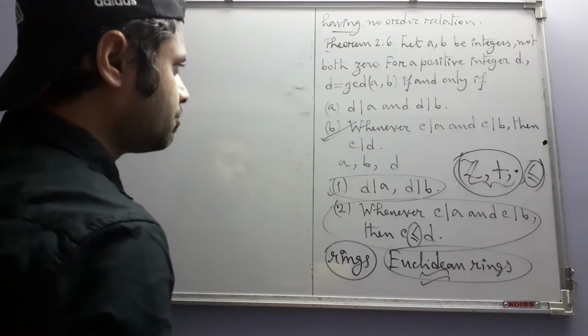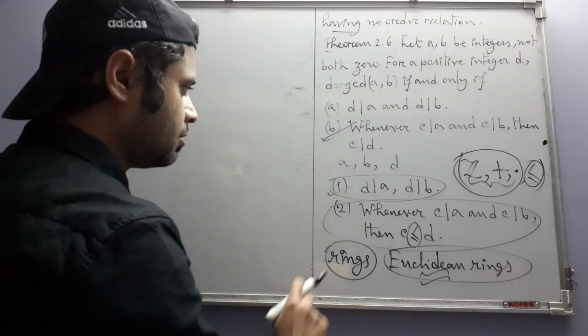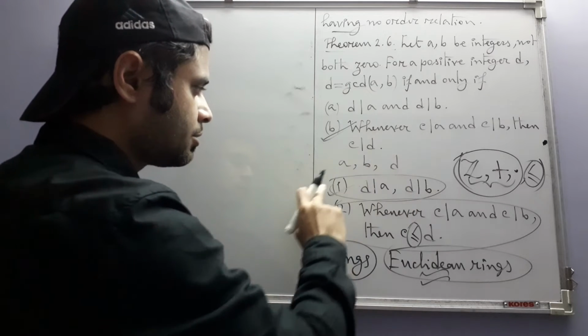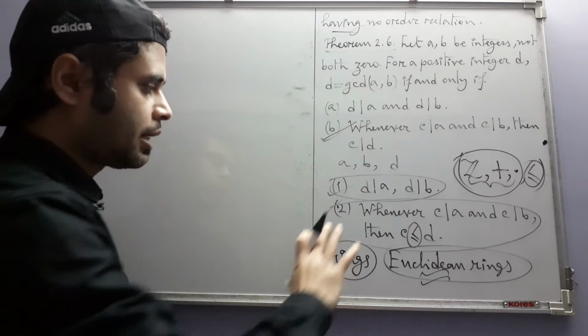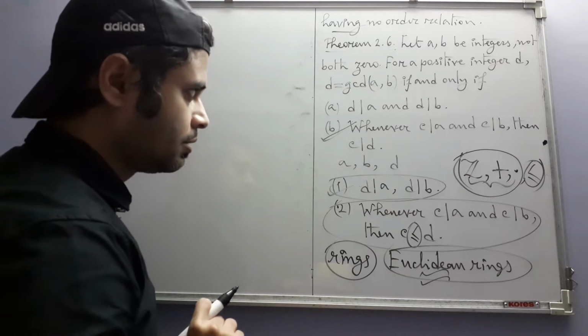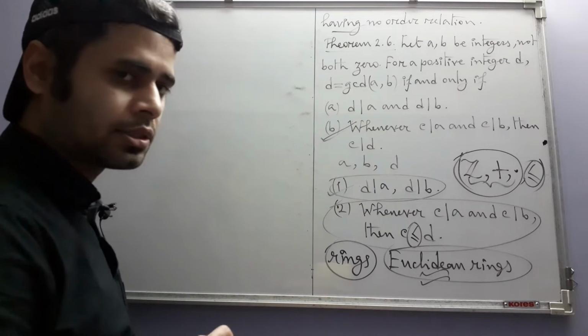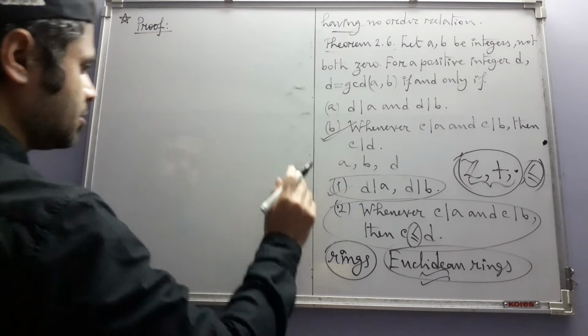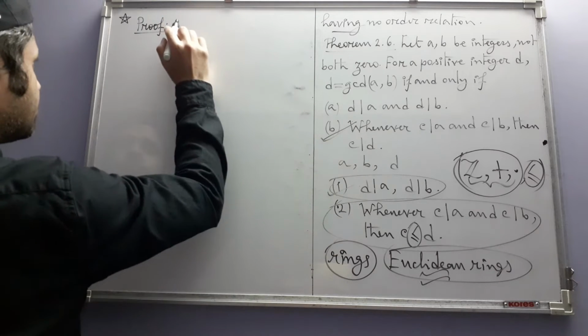So we need to prove two things. First of all, if D is the greatest common divisor of A and B according to our original definition, then these two conditions are true, and the converse. So let's prove this first.